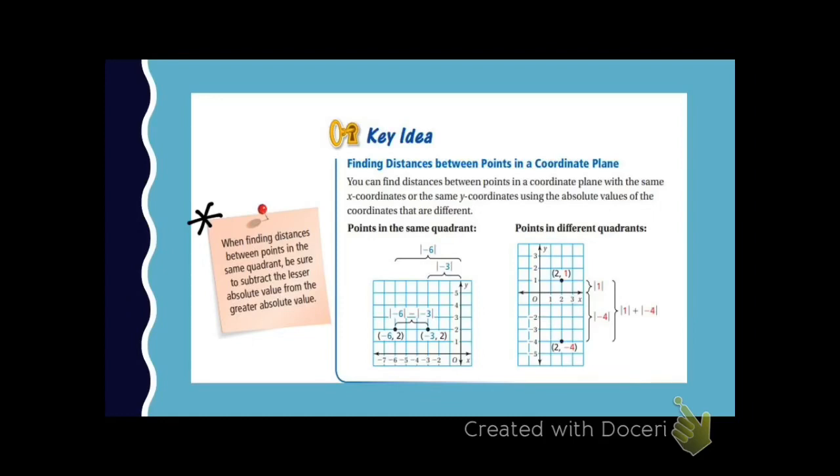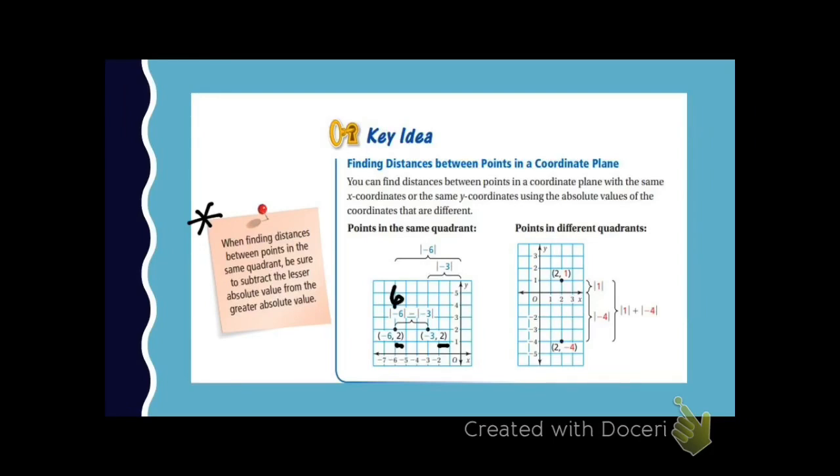Okay, so let's look at this. If you're finding the distance between points in the same quadrant, here we have point -6, 2, and we have -3, 2. So the 2's are the same. So I'm going to take the coordinates that are different. I'm going to find their absolute value. The absolute value of -6 is 6.